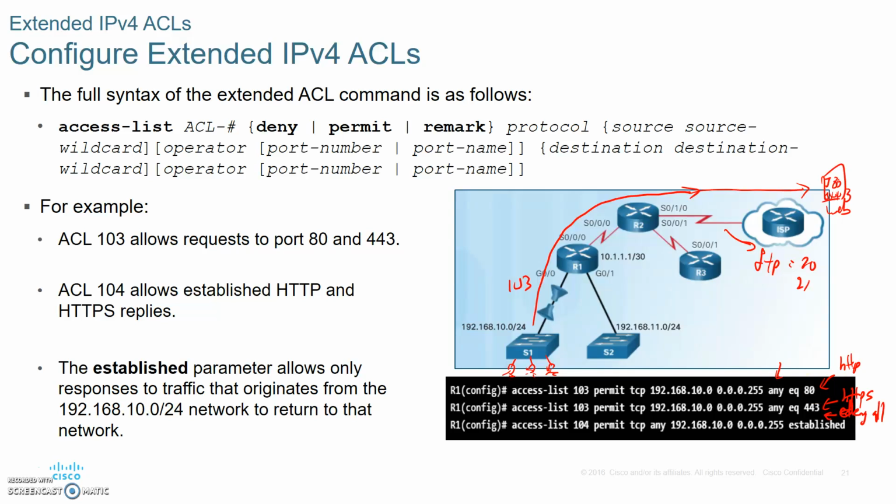Next, 104. 104 is a very special ACL. Let's say I'm allowing them to surf the web, for example to Facebook. Facebook replies back with the web page or the home page to the users. Because I need to allow this return traffic to come back, I created a rule called 104. 104 permits TCP traffic from any.